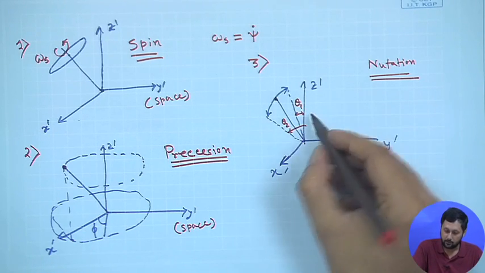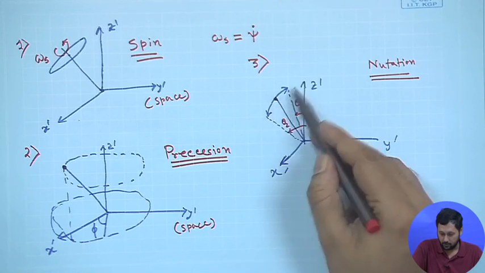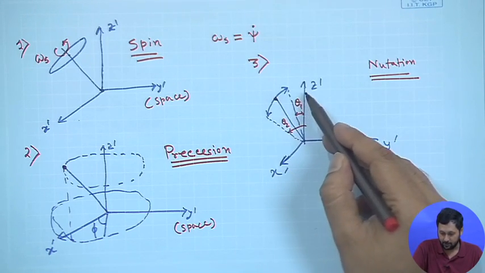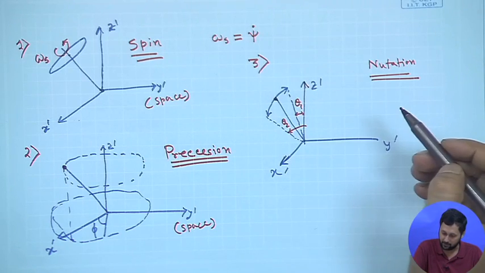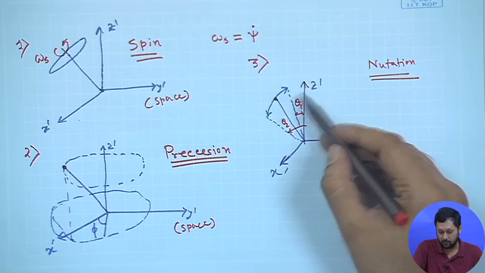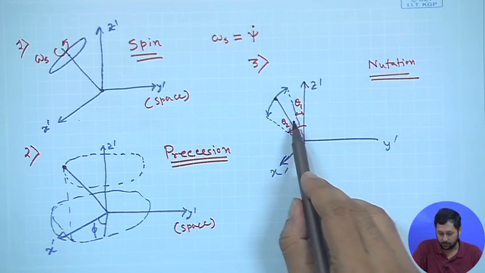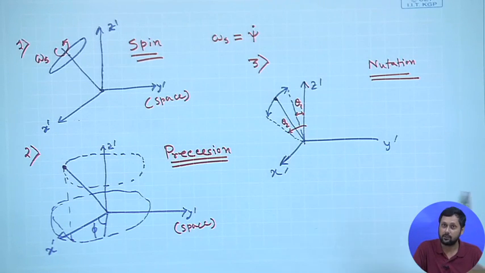So, essentially this axis can move up or down with respect to again the space z axis, so that means it is a motion which is well represented by the motion of the second Euler angle, which is theta. Okay.